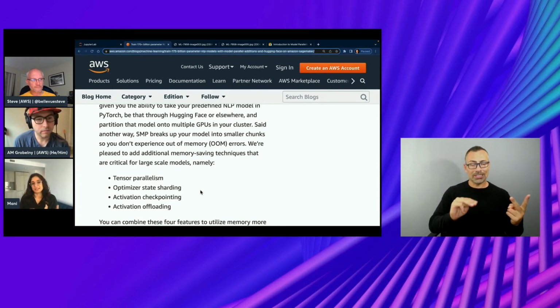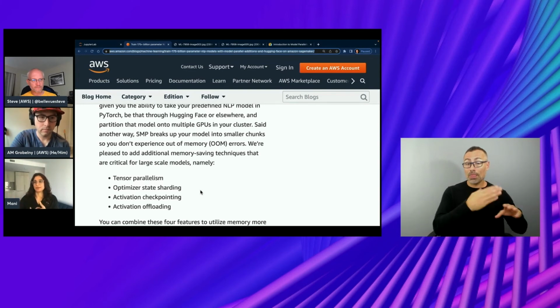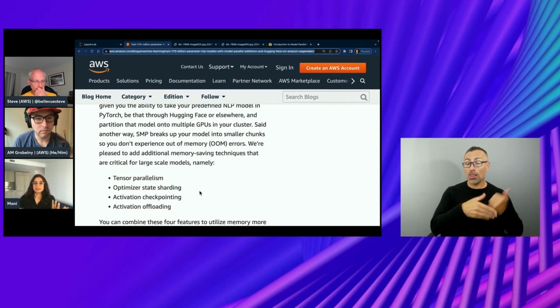So we can enable that. With optimizer state sharding, it uses the data parallel degree and shards the state, basically dividing the weights across that number of GPUs. That really helps because we are saving memory.